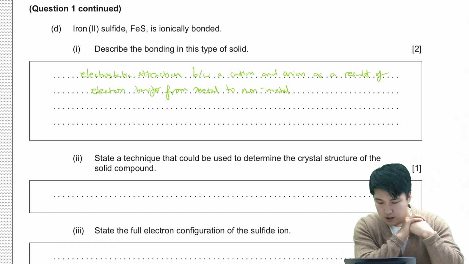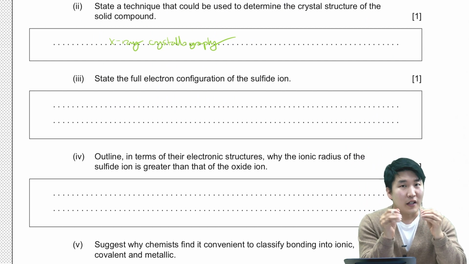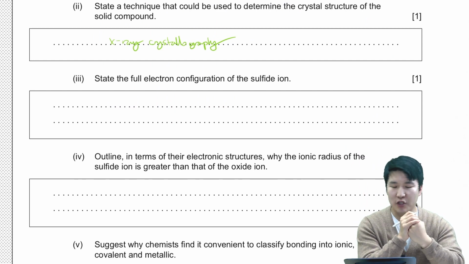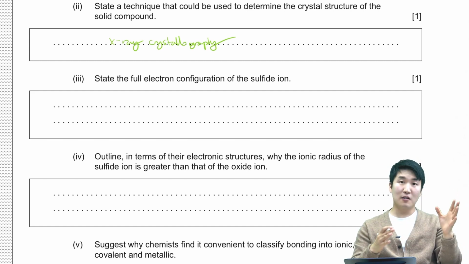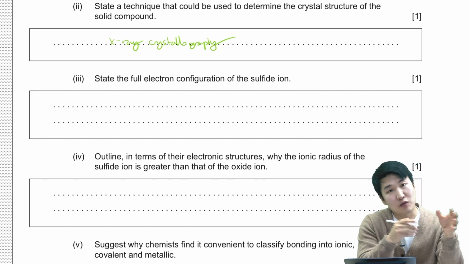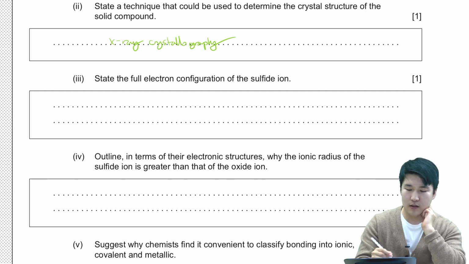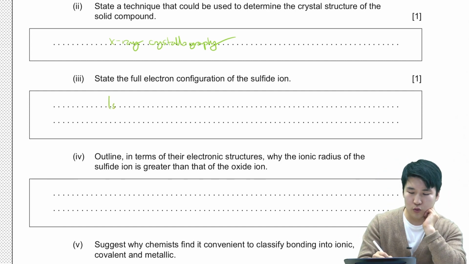Great. Let's look at the anion, sulfide ion. Electron configuration, not condensed but full, so we need to start all the way from 1s. Starting with 1s2, 2s2, 2p6.